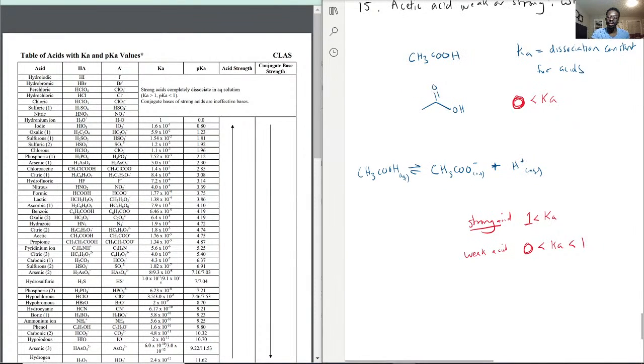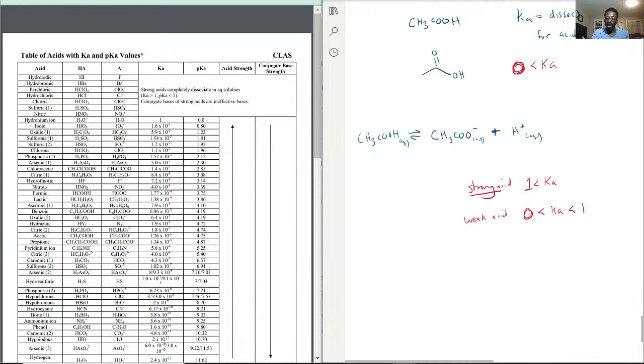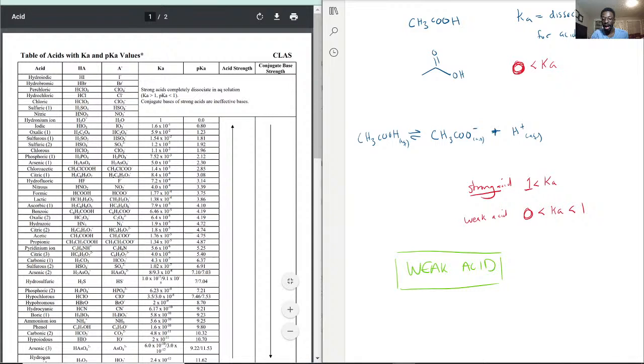So acetic acid, simply based on its dissociation constant Ka, is a weak acid because it does not dissociate completely. An example would be hydrochloric acid, HCl, a strong acid. Put that in water, and you will literally only have Cl ions and H ions. You wouldn't have HCl still floating around.